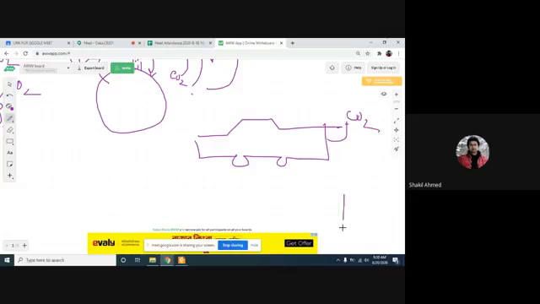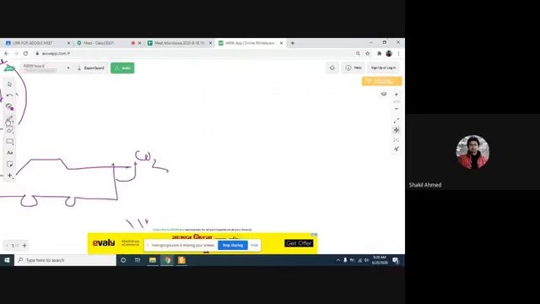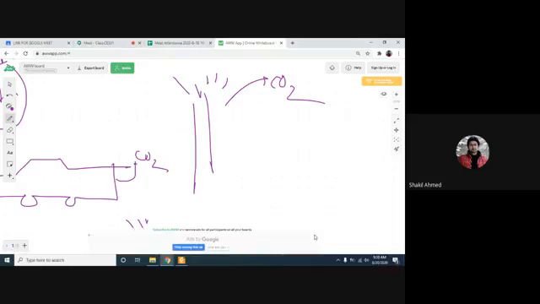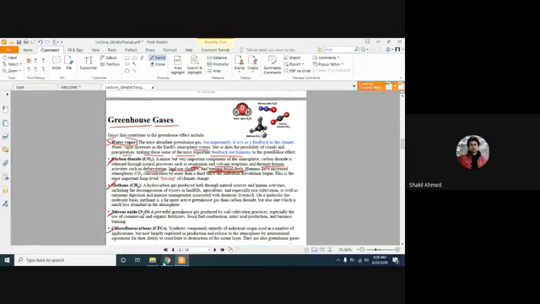So you emit carbon dioxide because you're burning oil, fossil fuel. In your industry, like a big brick chimney, you are emitting carbon dioxide, and so on.